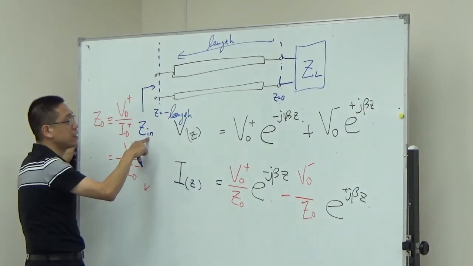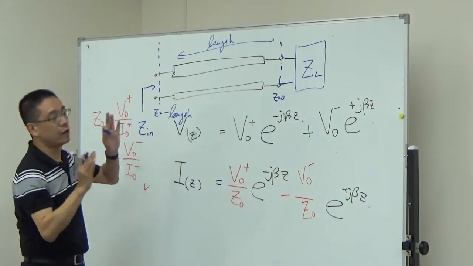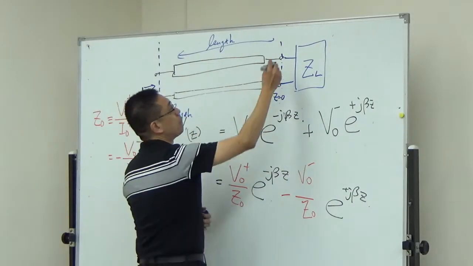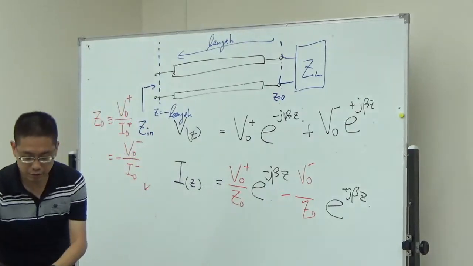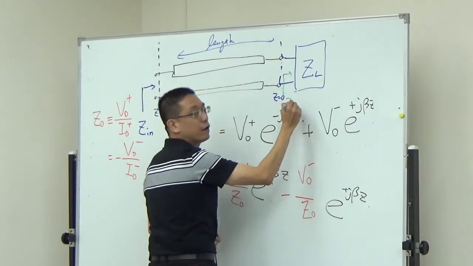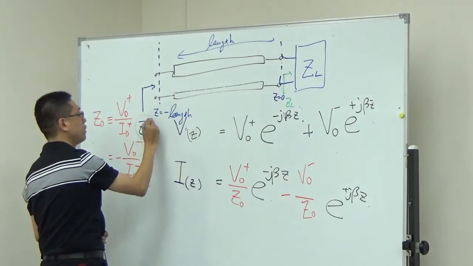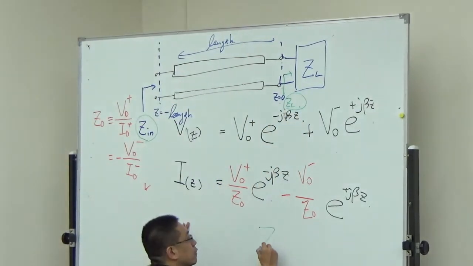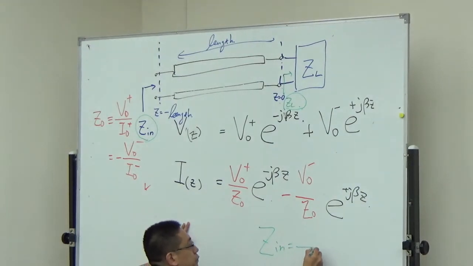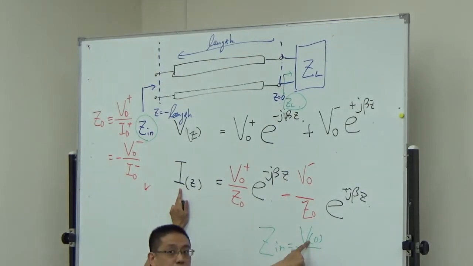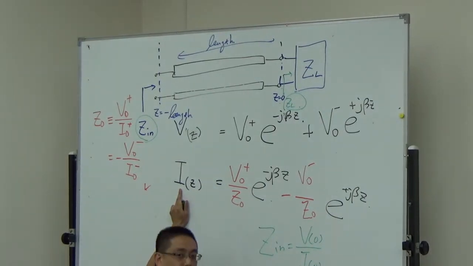This is the z. Okay, now let's try to explain this first. For another color, this is ZL, and this is Z in. Z in will become the total voltage when z equals 0 over the total current when z equals 0 as well.